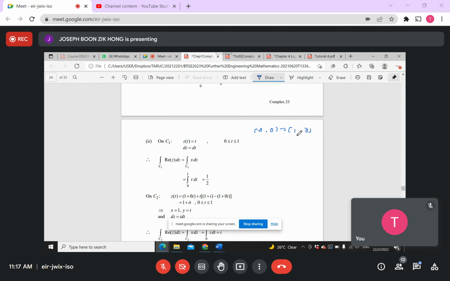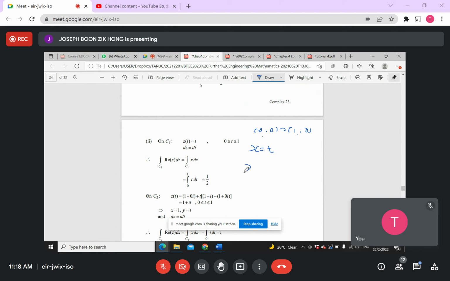Your y is equal to 0, so no need to deal with the y. You just deal with the x. So what is your x? x will be the last point minus the initial point, times the t, so I get t, and then plus the initial point, so plus 0. So x is equal to t.